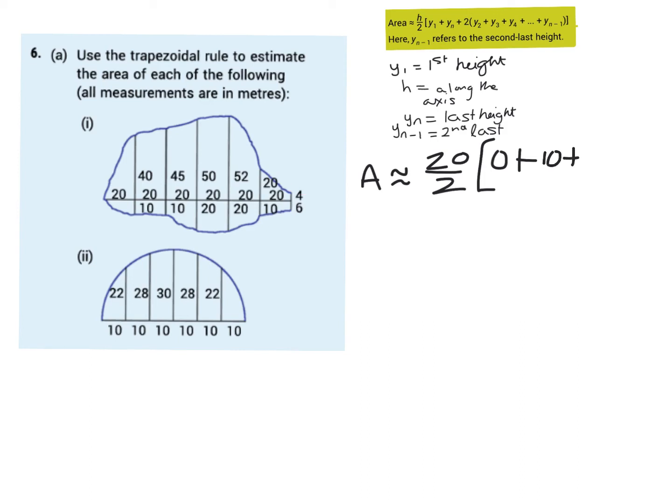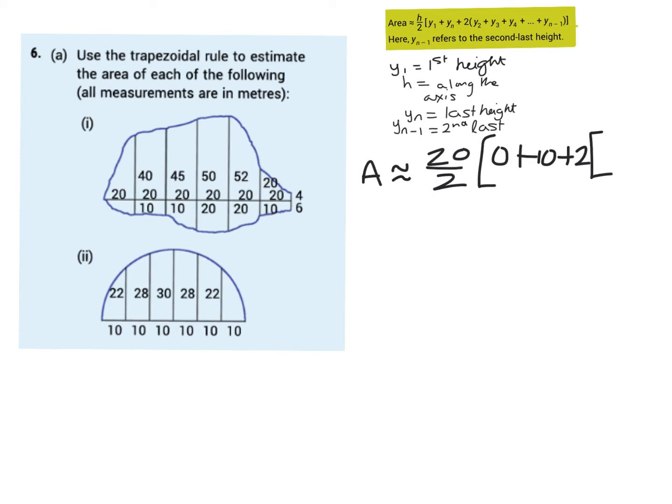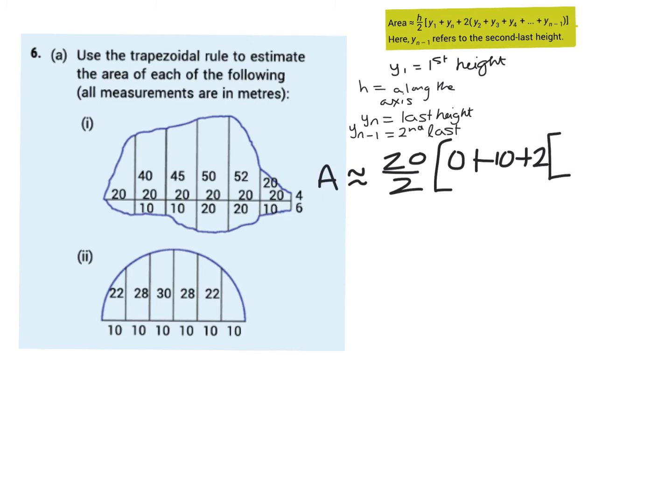And then we have plus 2, so just following the formula now, it's going to make that a little bit smaller, move it over a little bit. Okay, so we have y2, so y2 is 40 plus 10, which gives me 50. y3 is 45 plus 10, which gives me 55.